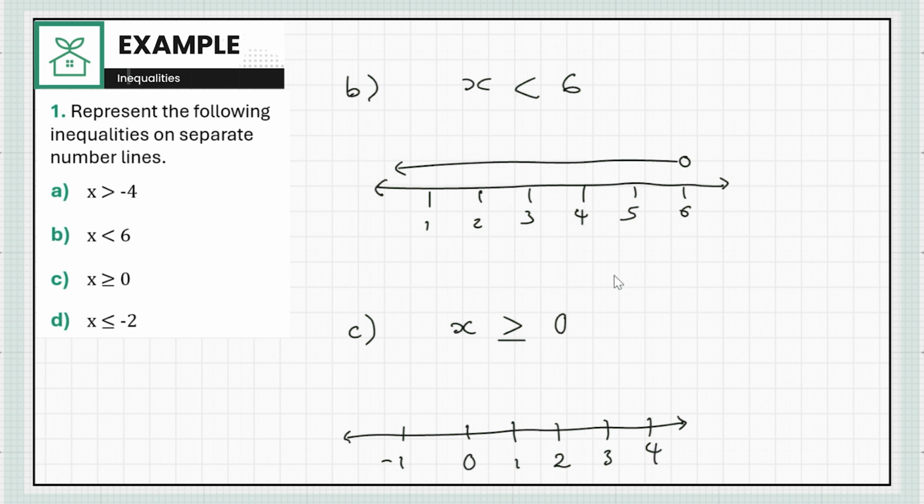So greater than or equal to 0 means we color in that circle, and then we use the arrow to indicate that every single value past that point and equal to 0 will be a solution, or will be something within the range we're looking for.